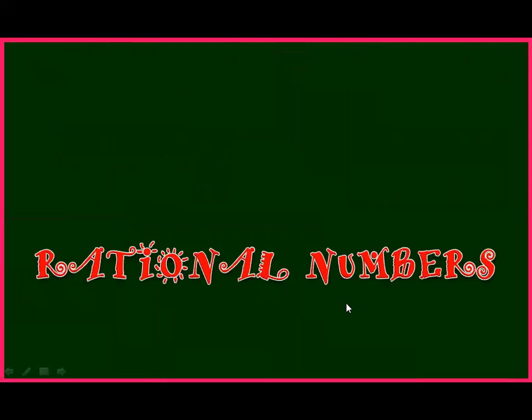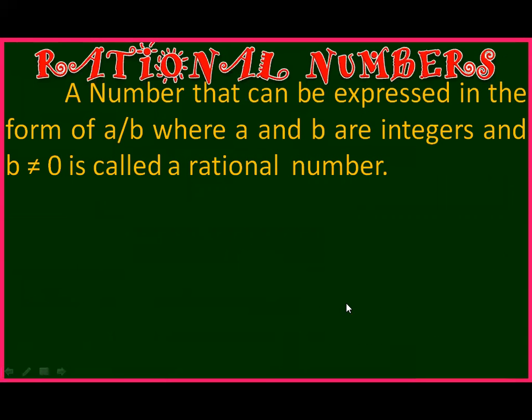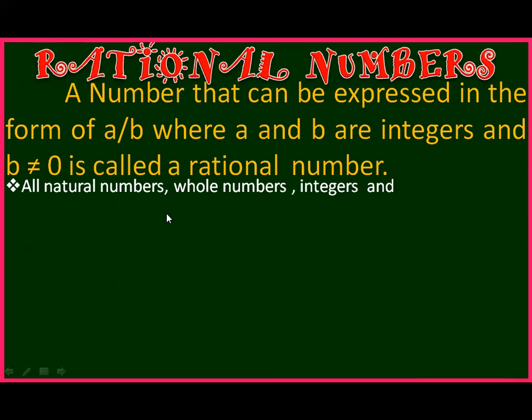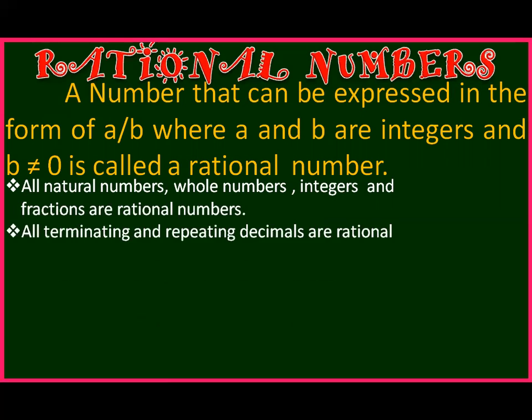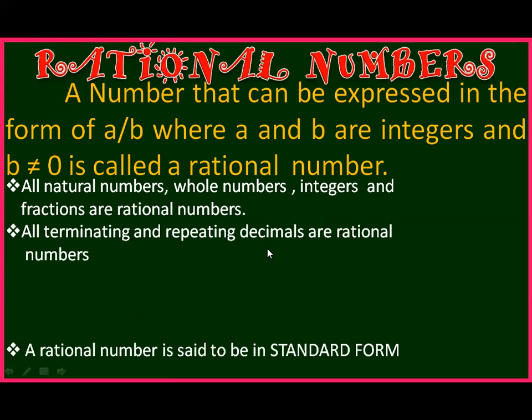Here is the definition: a number that can be expressed in the form a by b, where a and b are integers and b is not equal to 0, is called a rational number. Since they are integers, it can be both positive and negative. All natural numbers, whole numbers, integers and fractions are rational numbers. All terminating and recurring decimals are rational numbers.